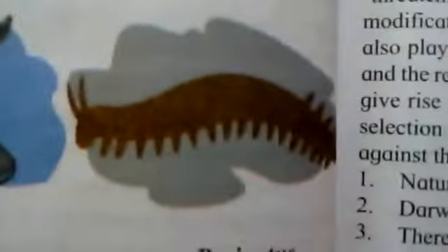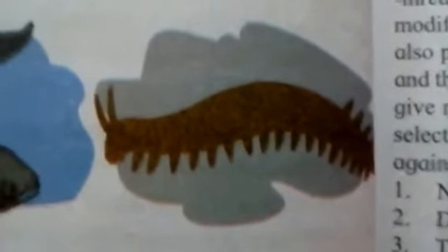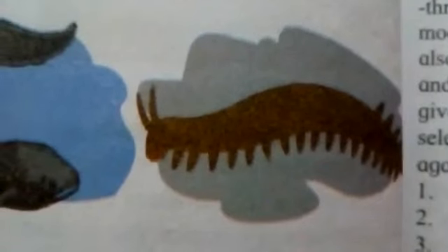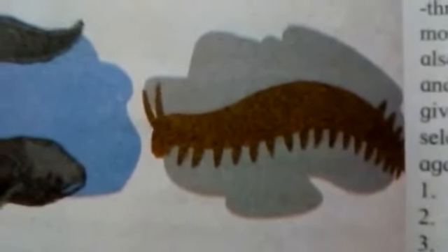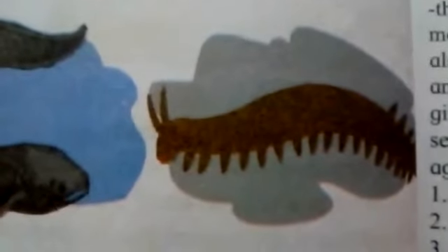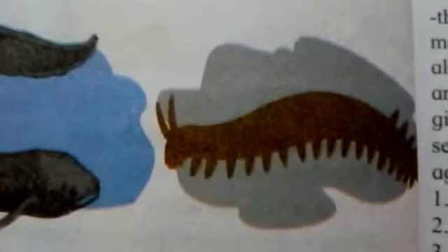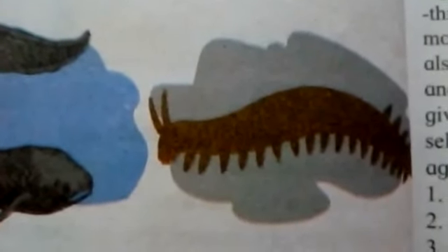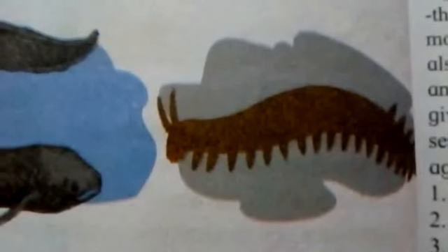Then here is peripatus. The peripatus has a segmented body and parapodia. Parapodia means the leg-like organs with which it performs locomotion. So in peripatus, characters like a segmented body, thin cuticle and parapodia-like organs are present.